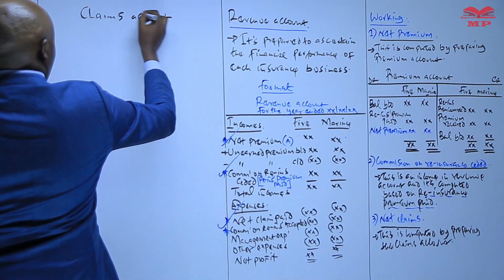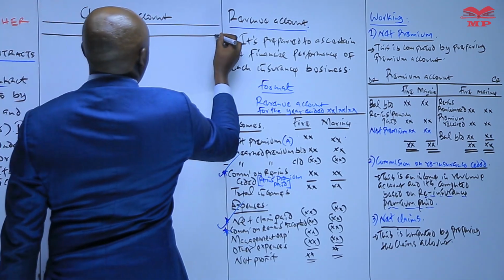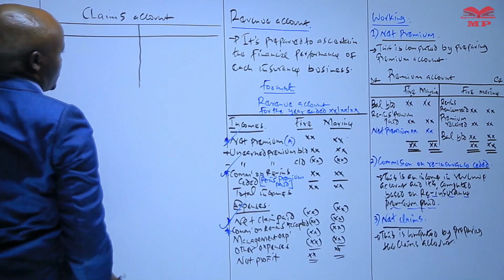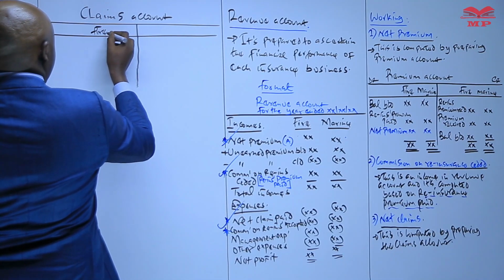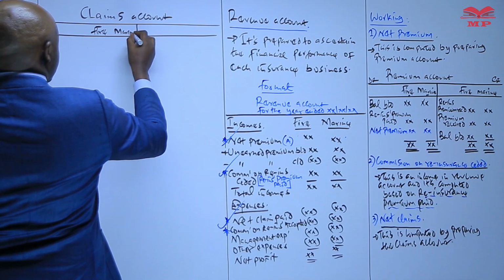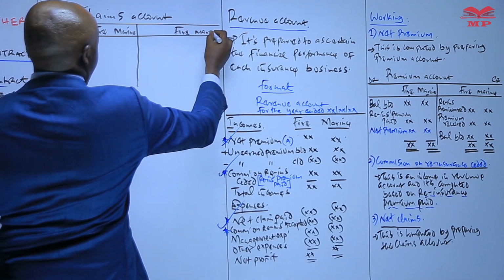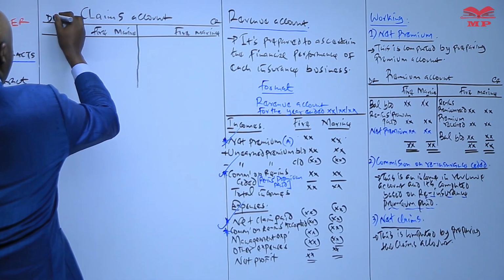Claims account. Equally, we prepare this for each insurance business, assuming an insurance company is providing two insurance businesses, fire and marine. This will be the credit side of our account, and the debit side.